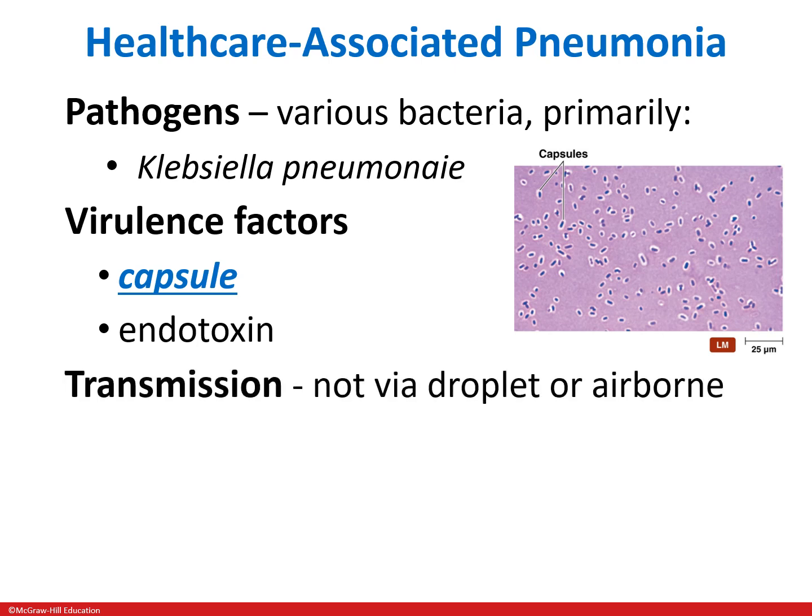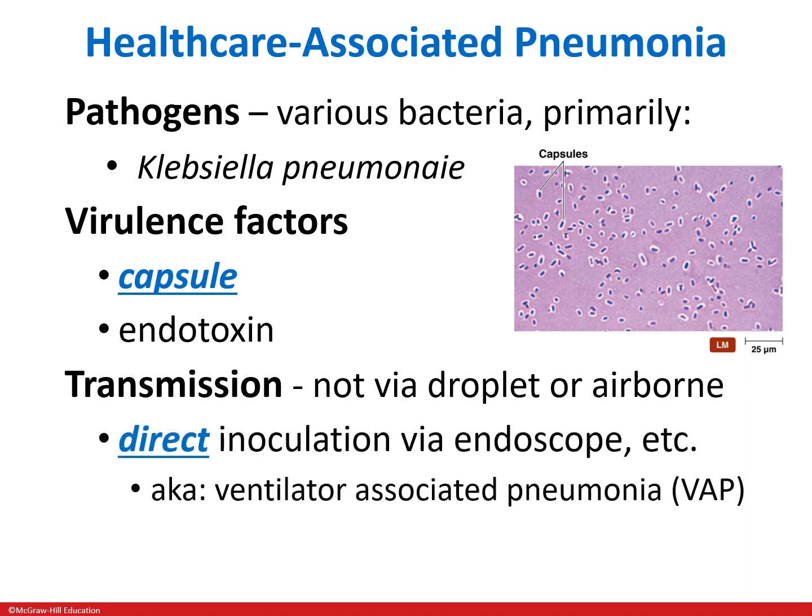So we've talked quite a bit about endotoxin. So this one's unique in the sense that it is not droplet or airborne. It is strictly through direct inoculation of contaminated equipment going directly into the respiratory tract, which is why it is typically associated with healthcare.